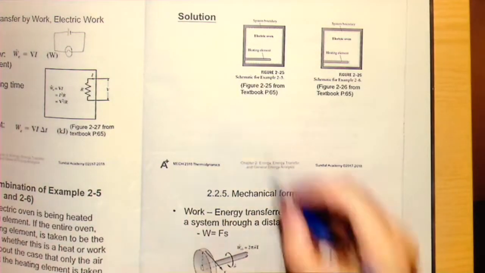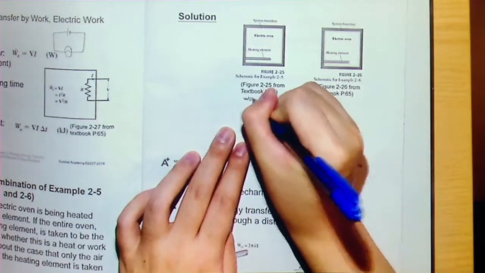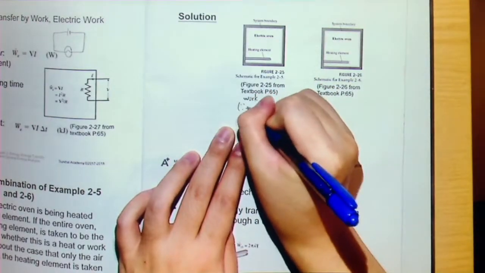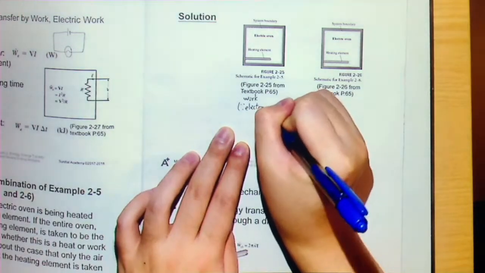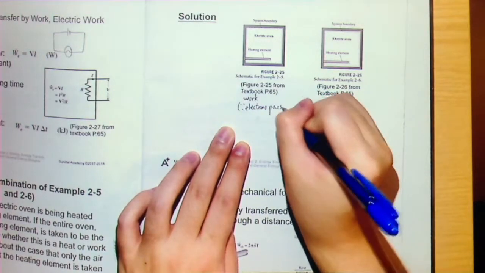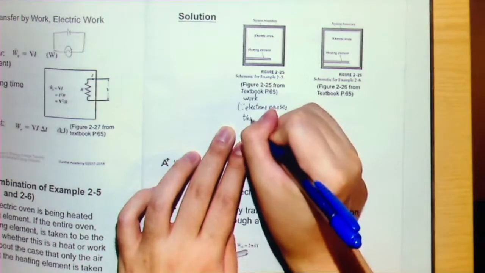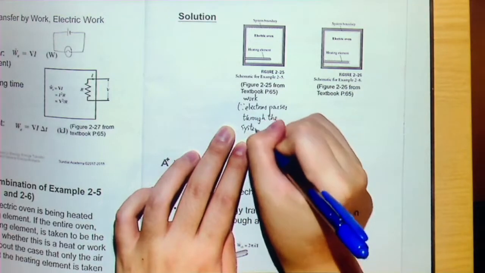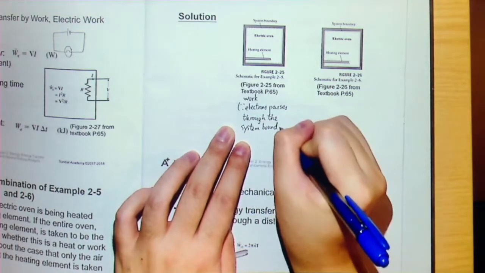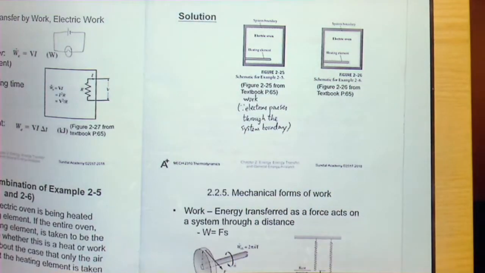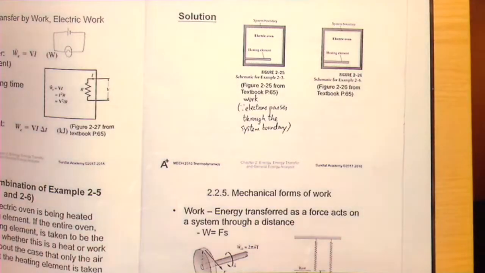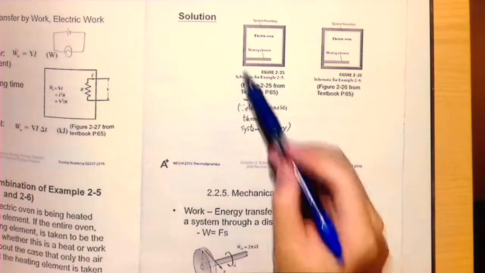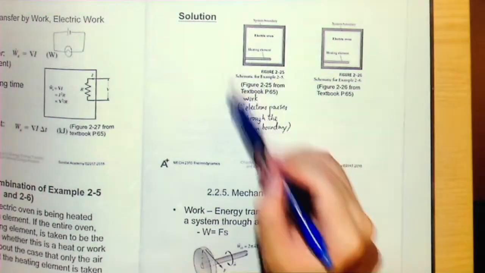So this should be a kind of work instead of heat, because we can see that electrons pass through the system boundary. In this case, it should be in the form of work instead of heat, because there should be some electrons flowing through this heating element and going to the original circuit afterwards.